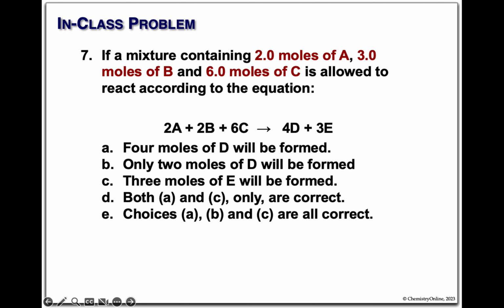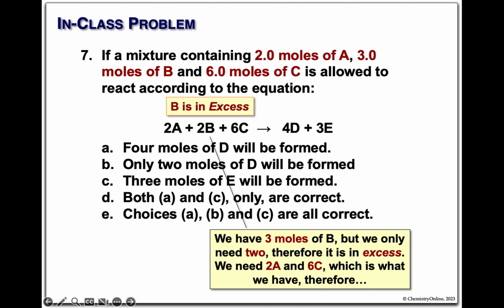Well, we have a mixture containing 2 A's. That's good. It has 3 B's. We only need 2, but it has 3. That means that the B is going to be in excess. That's fine. And we have 6 C's in our mixture. That's just what we need.